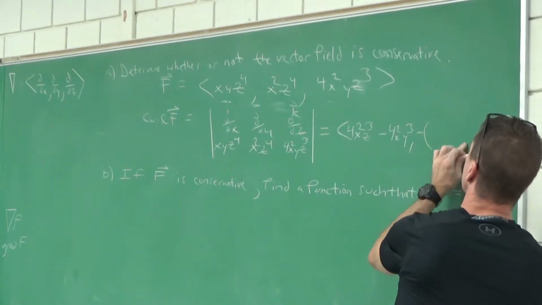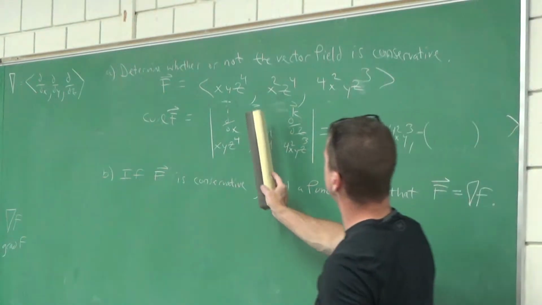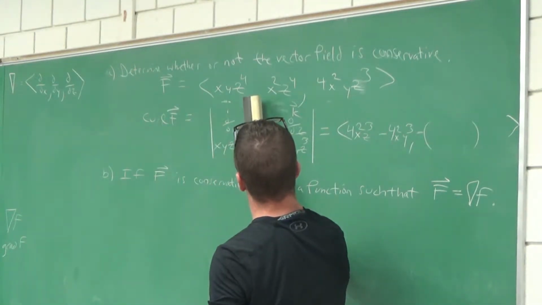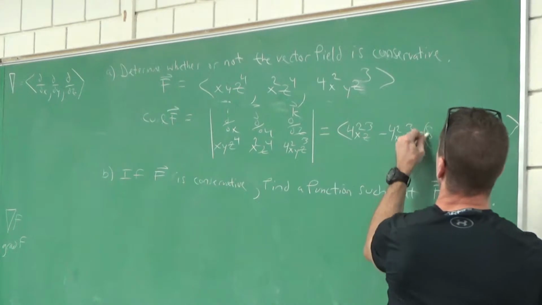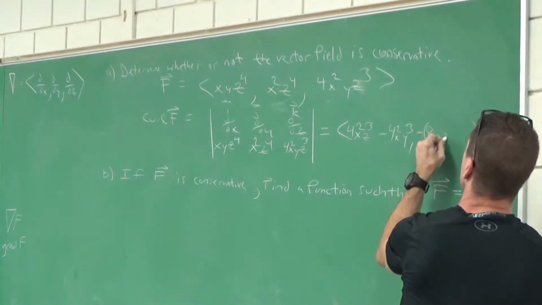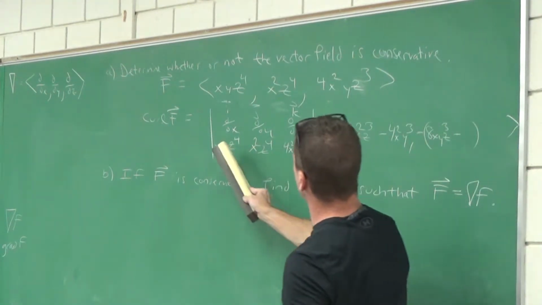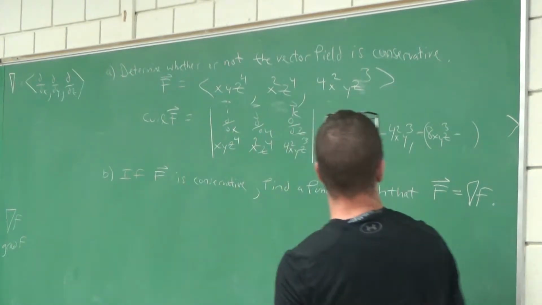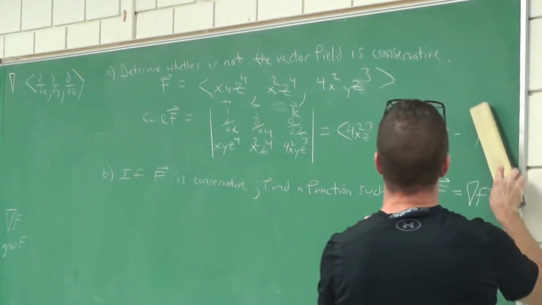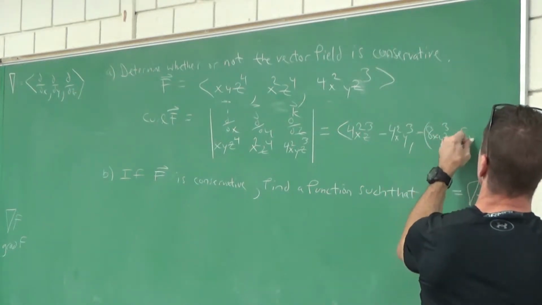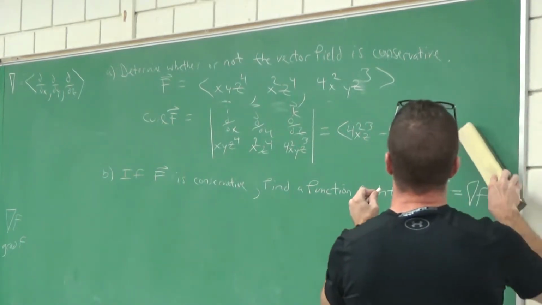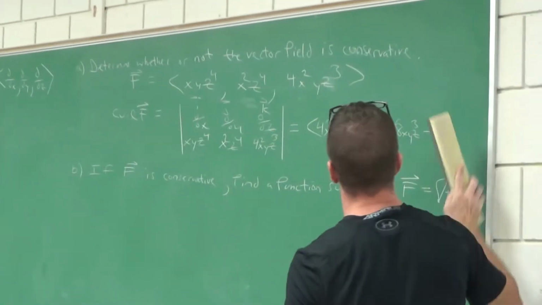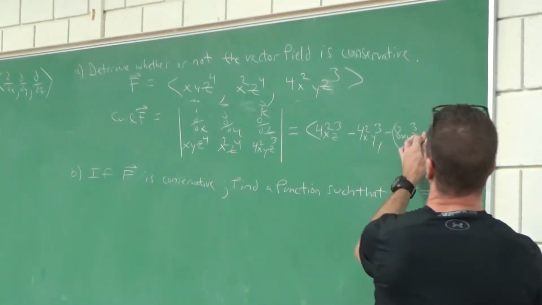Negative. What's the partial with respect to x? 8x y z cubed. Minus, what's the partial with respect to z? Hey, this is looking pretty good so far. Well, it should be 4x squared z cubed. Ah, so this has come out to be what?